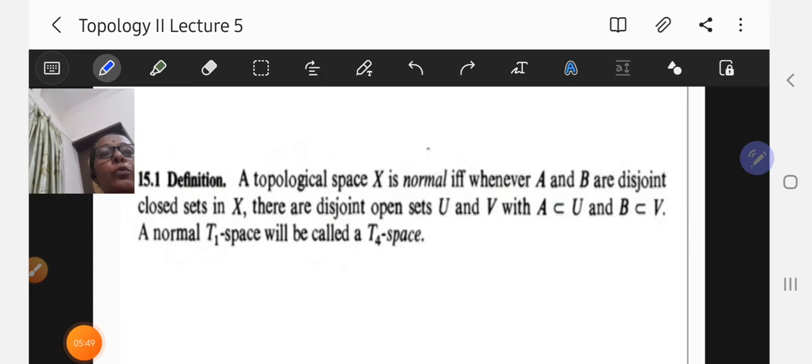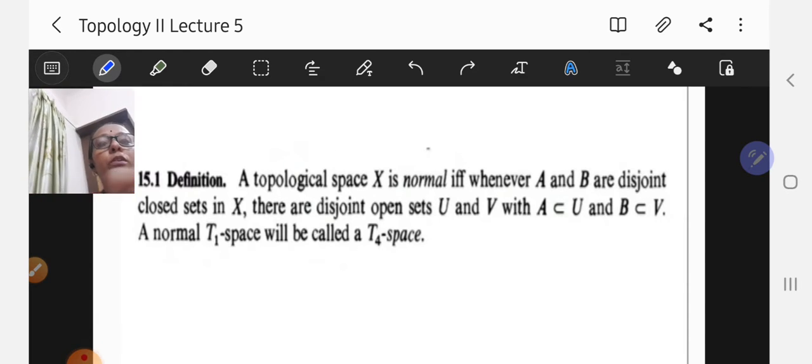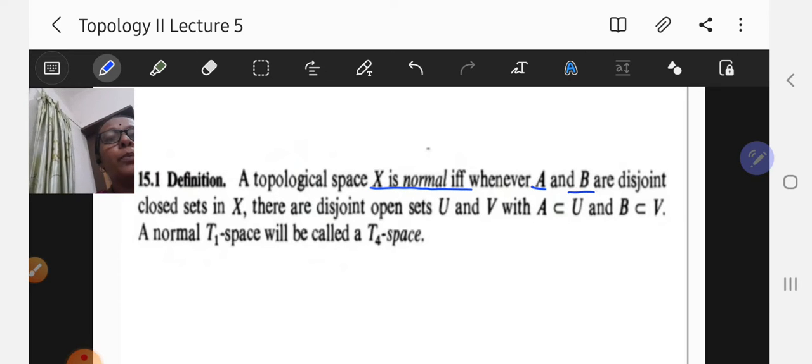Our definition of normal space was, that is, a topological space X is normal if and only if whenever A and B are disjoint closed sets in X, then there exist disjoint open sets U and V with A a subset of U and B a subset of V. Normal T1, then this X is normal, and this normal T1 space will be a T4 space.